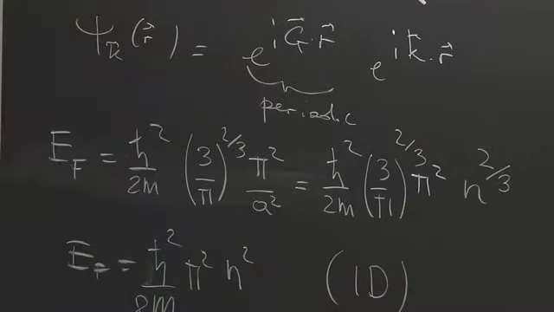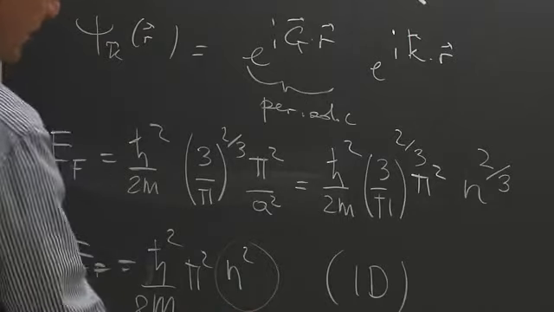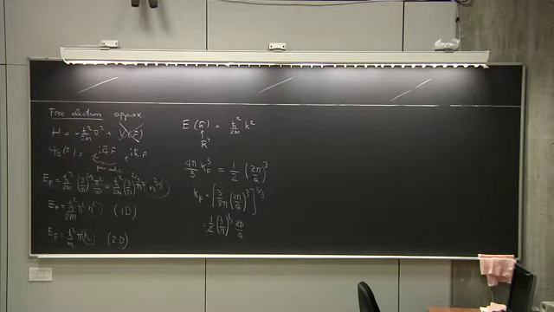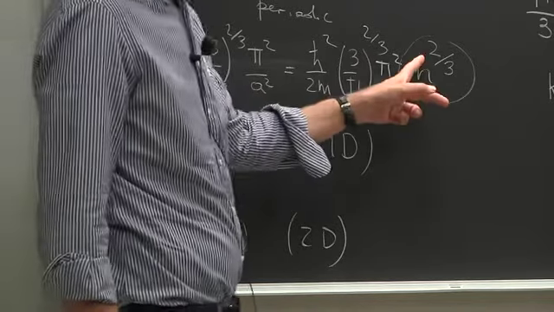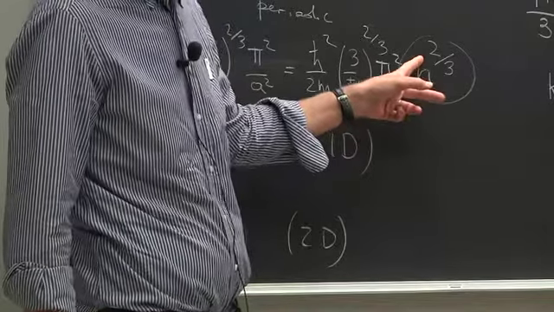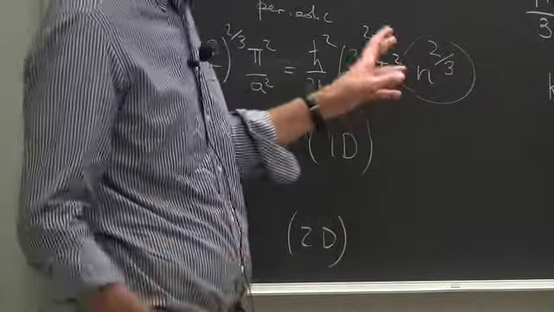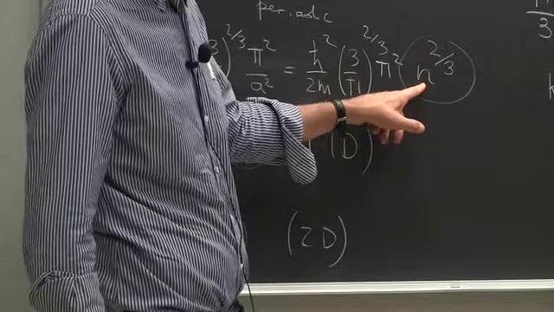So you see the progression here from n squared to n to n to the 2/3. I'm sure you could have guessed that this was a 2/3, right? You wouldn't be able to guess that there was a pi squared, a 3 or 1, all these coefficients. But the fact that it was n to the 2/3, you could have guessed.